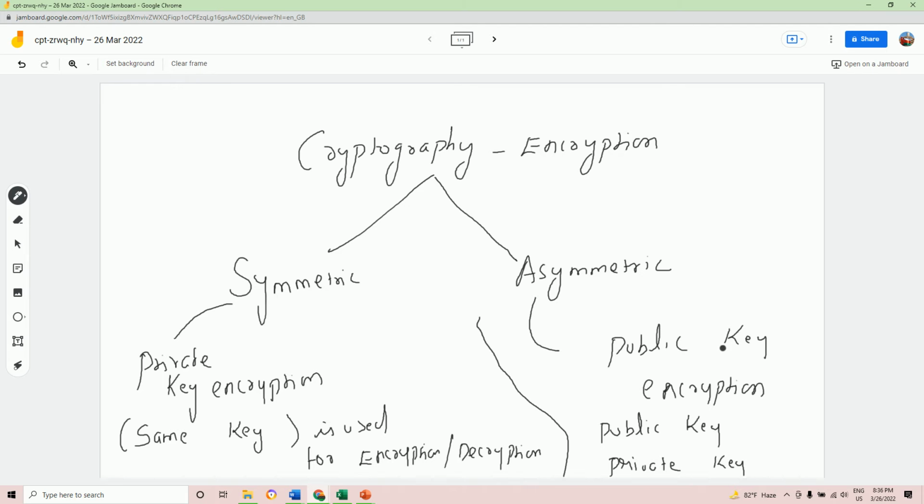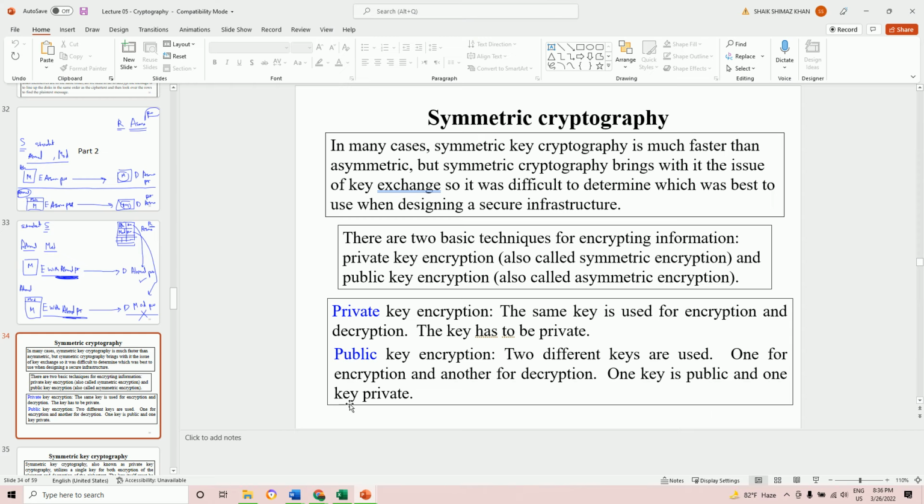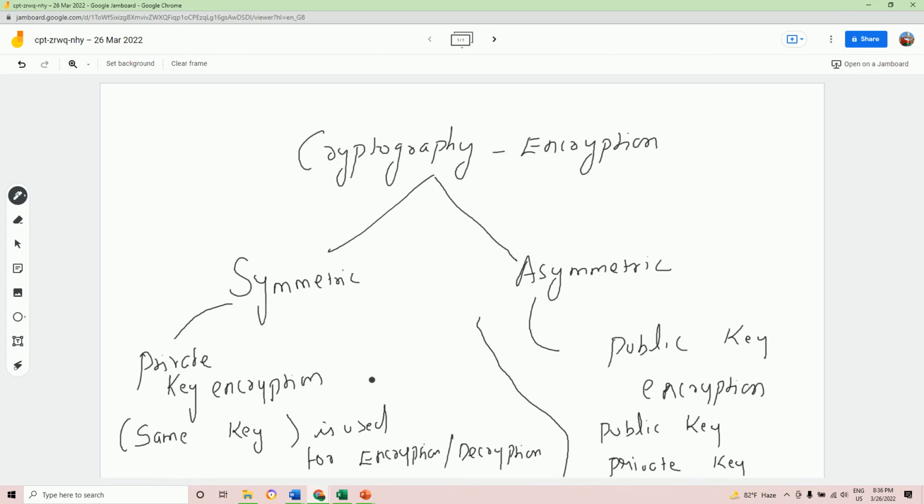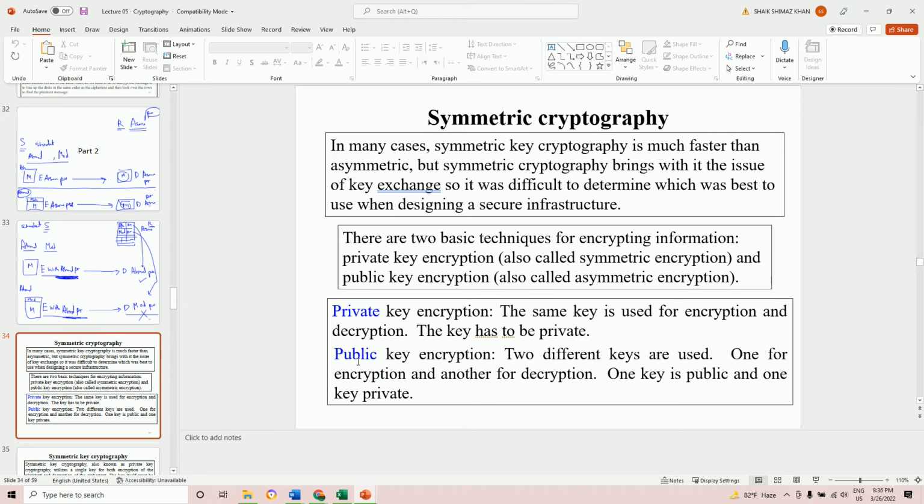Asymmetric can be called public key encryption. The private key or symmetric encryption technique uses the same key for both encryption and decryption, whereas the asymmetric uses two different keys. One is public and another one is private. So this is what is discussed in this slide.